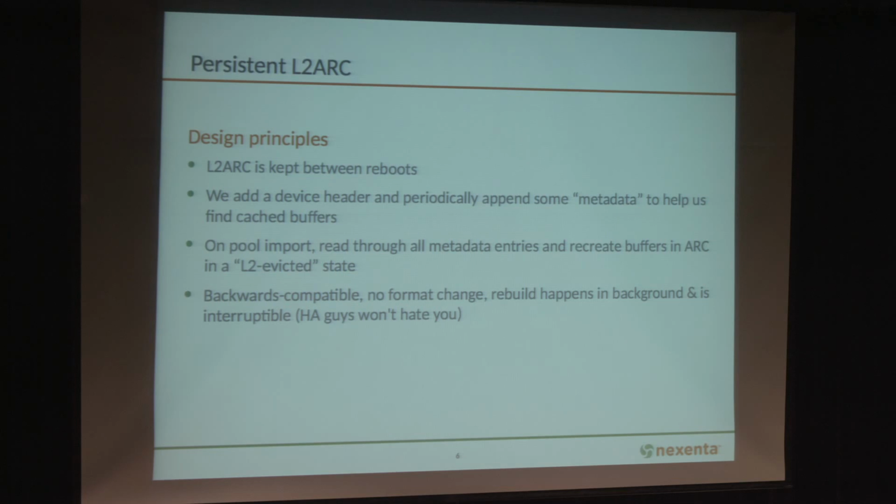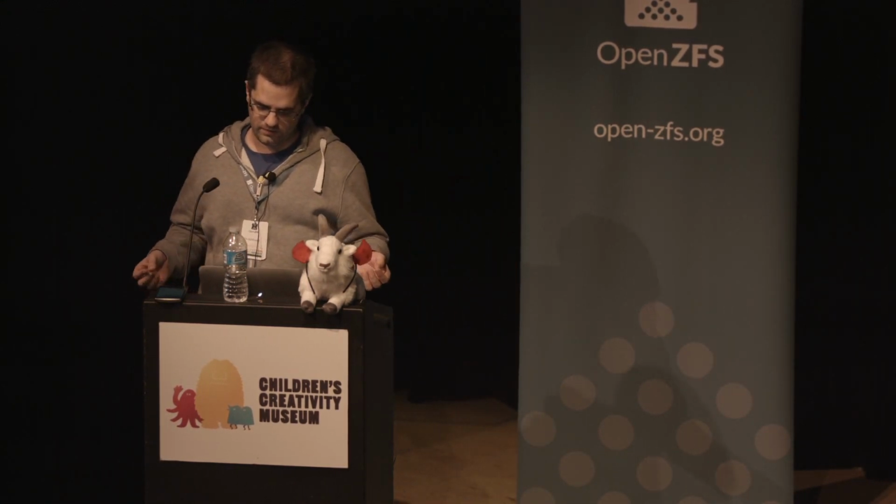So the design idea behind L2ARC is really simple. It's just keeping the L2ARC around. We facilitate that by just leaving little breadcrumbs in the L2ARC, just enough to let us reconstruct the buffers that have been stored on the device.